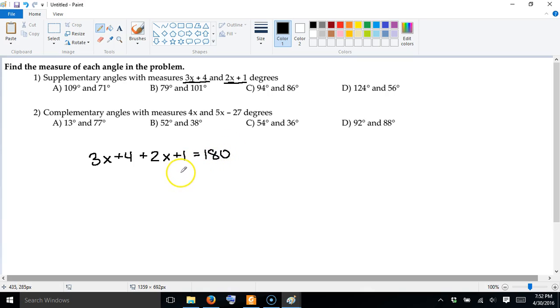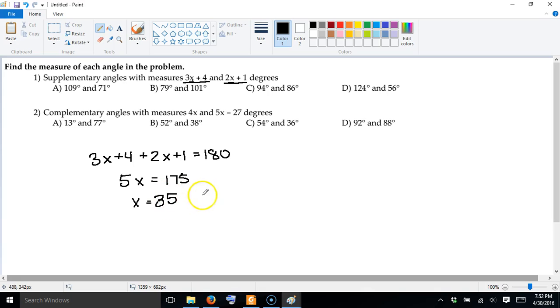Then the next step is to solve this. So we get 5x equals 175, and x equals 35.